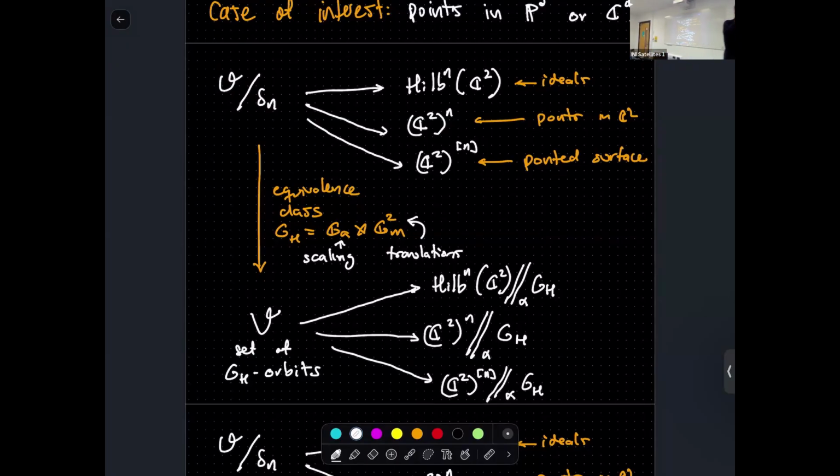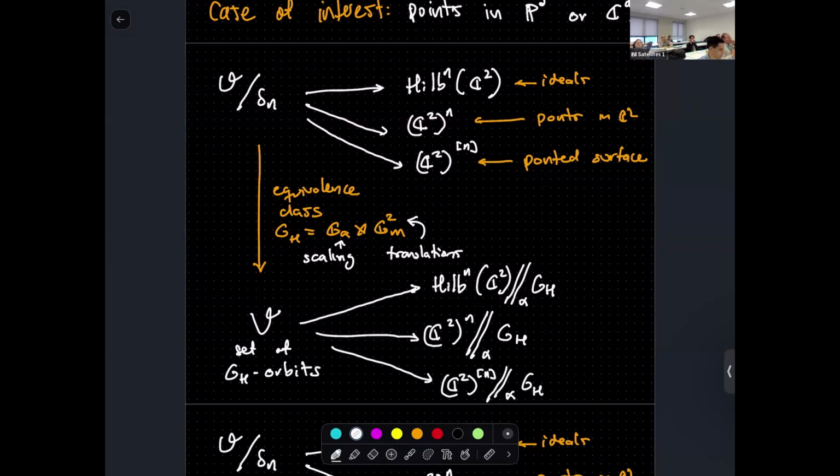If you were starting this problem, you would say, okay, Patricio, I want to understand configurations of points. What is the easiest case? The plane, right? Points in C2 has got to be the easiest case. So I already know that I have three choices. You can consider the Hilbert scheme, just let them collide, or you break the surface.